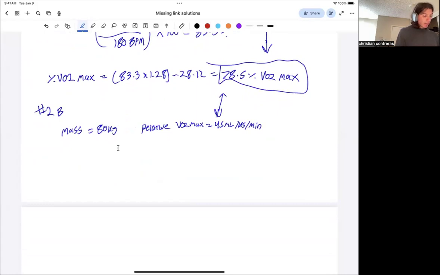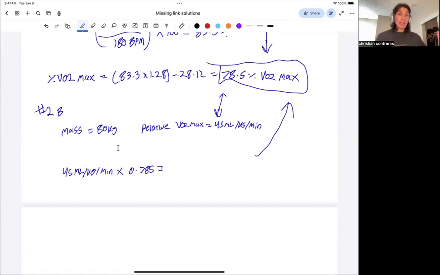Because what we can do is take that 45 VO2 max value and multiply it by this value as a decimal, not as a whole number, as a decimal. So we'll do 0.785. And that's going to give us the relative VO2 of the intensity that he's working at as he's working at that steady state heart rate of 150 beats per minute.